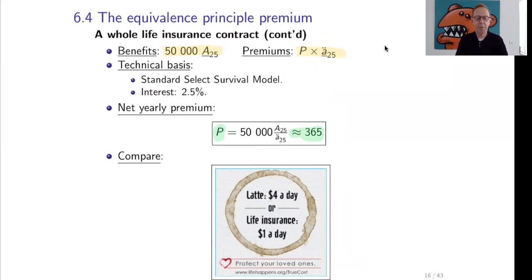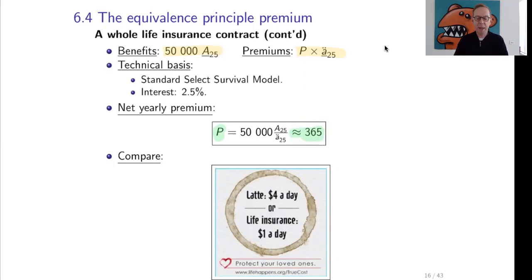We assume the standard select survival model and an interest rate of 2.5%. We look at the net yearly premium for that contract. The premium is 50,000 multiplied by A_25 divided by ä_25, as we have seen before, and this is approximately 365.